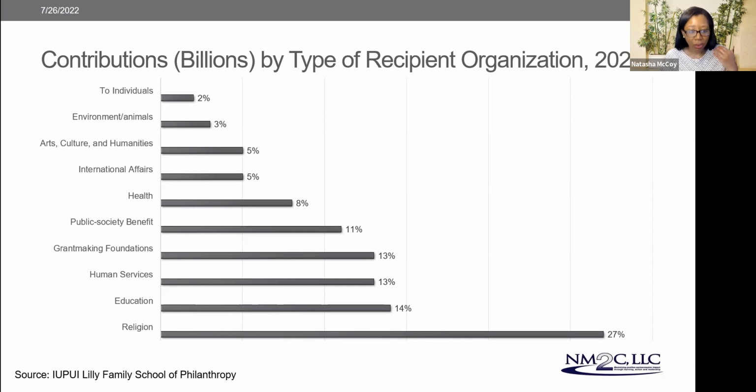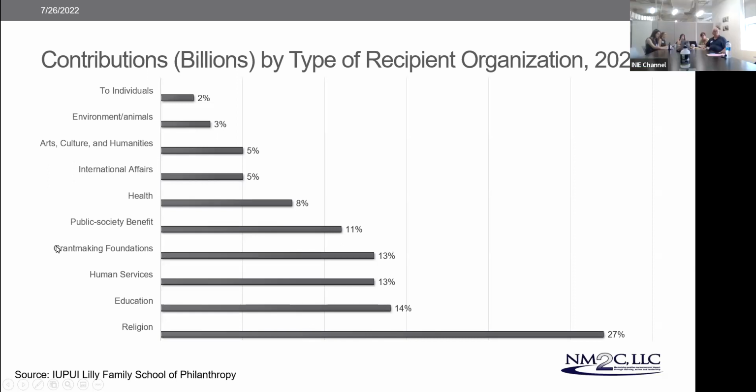But know that religious organizations are the highest recipients, received the largest amount of funds in 2021, followed by education at 14%, tied at 13% as the human services and even grant making foundations. So many times, a lot of the grant makers themselves are recipients as well.